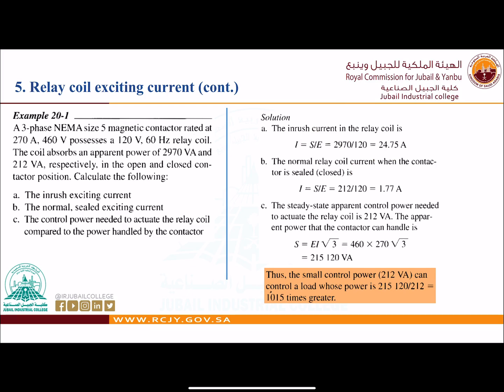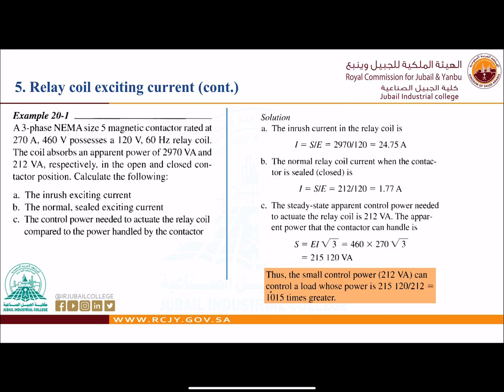The coil absorbs an apparent power of 2970 volt ampere and 212 volt ampere respectively in the open and closed contactor positions.